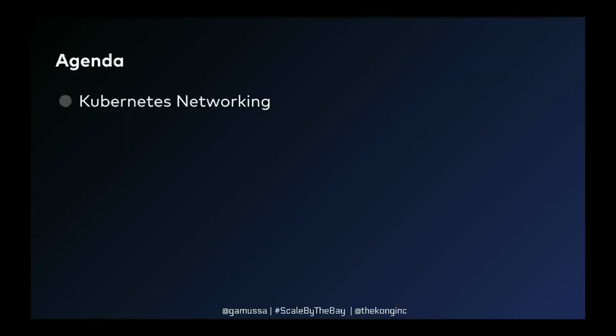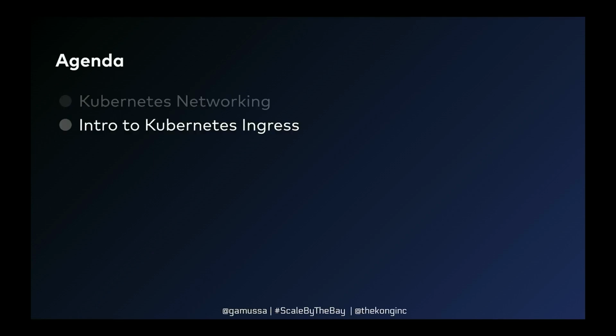But before we jump into the examples, let me talk a little bit about history, and why you need to know this and care about this. Let's start with a brief explanation of how networking in Kubernetes works. We go into the ingress object, which is the standard way to expose your service to the outside world.